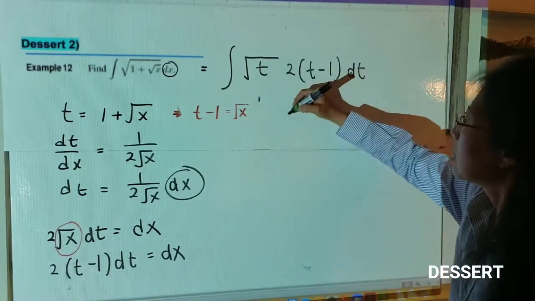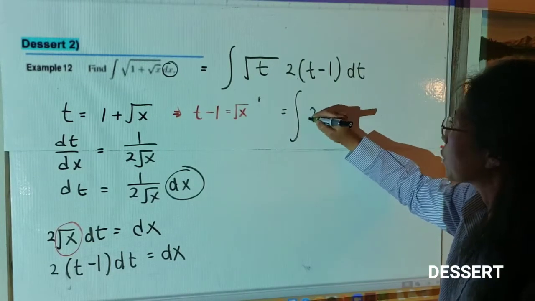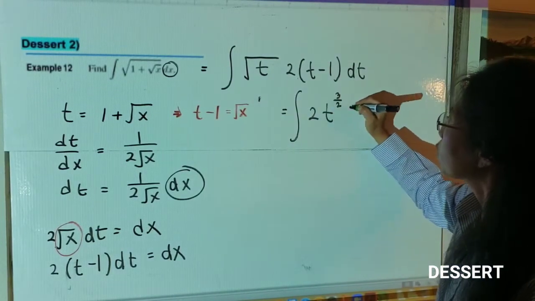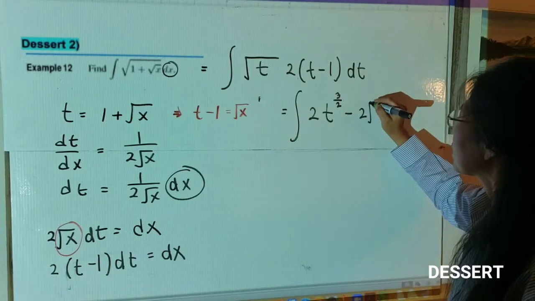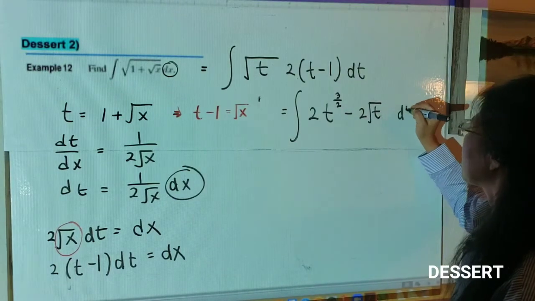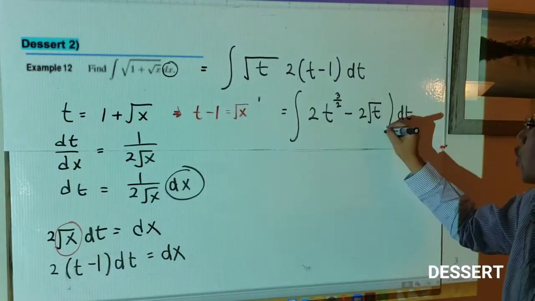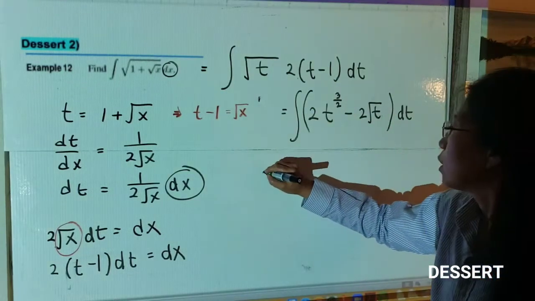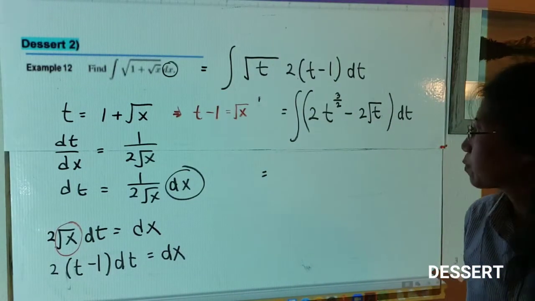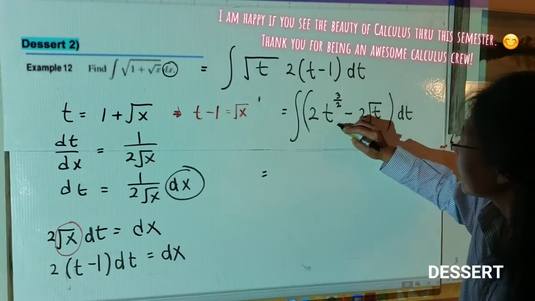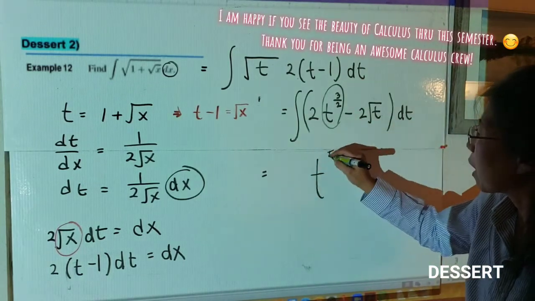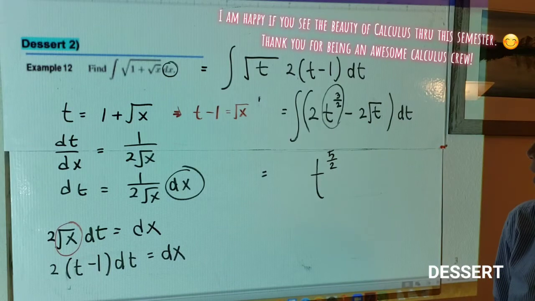It looks like it's a product, but if you multiply in, we get 2t to the 3 over 2 minus 2 times the square root of t, which is t to the 1 over 2, and dt. So as you see, I can change to power functions, which will be easier to take the antiderivative of if you have practice. So let's see, this one comes from 5 over 2, right? And I have a 2 here.